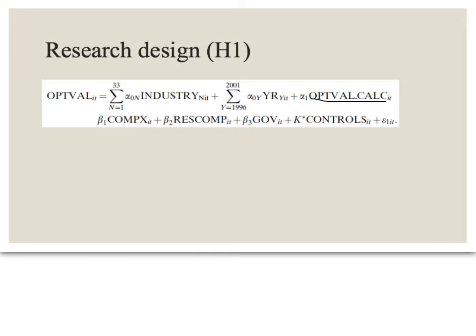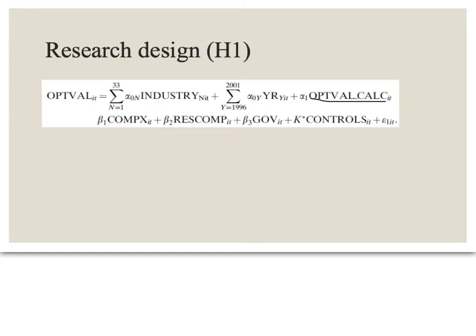And 3 independent variables are COMPLEX, RESCOM, and GOV. COMPLEX is a magnitude of stock option compensation expense. Firms attempt to minimize investors' perception of its magnitude, so we predict negative relationship between COMPLEX and option value.